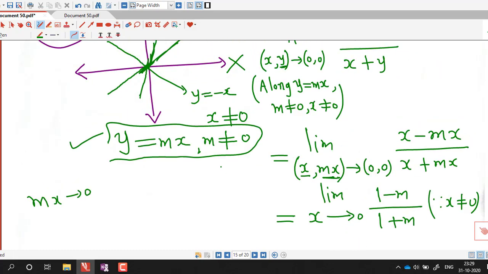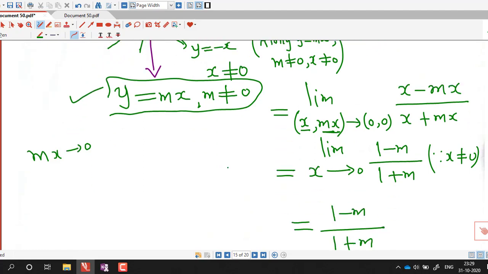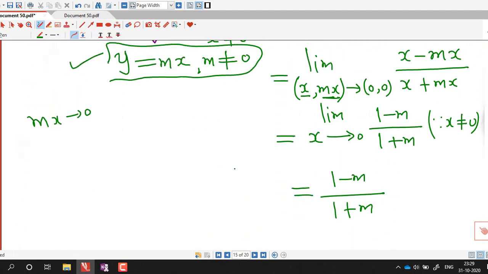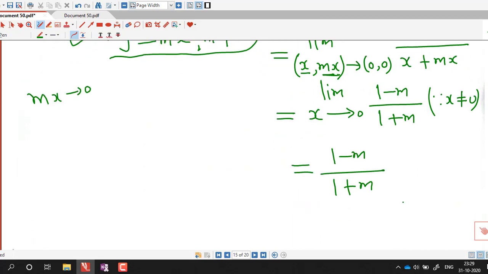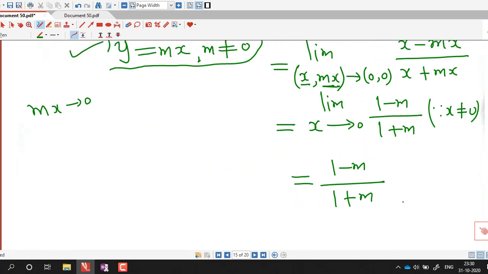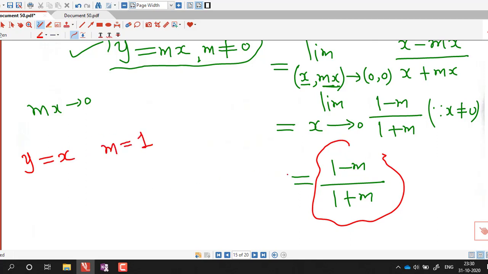So here the limit along any line passing through origin y equal to mx is 1 minus m over 1 plus m. But if you observe, this answer of this limit is a function of m. It depends on m. For example, if we want to find out limit along y equal to x, we have to put m equal to 1. So for m equal to 1, limit will be 0.